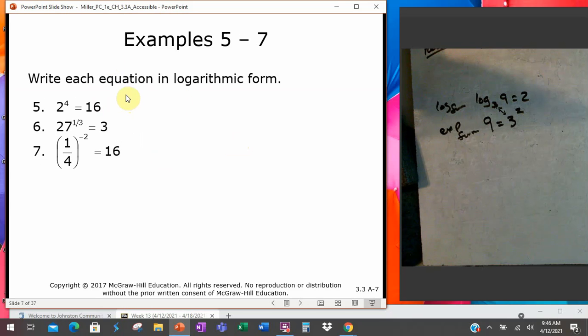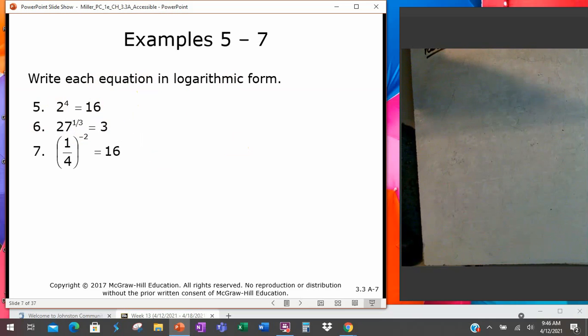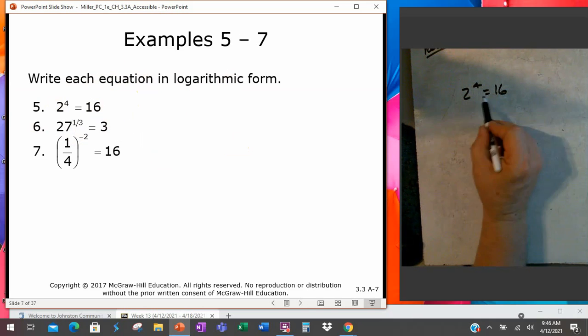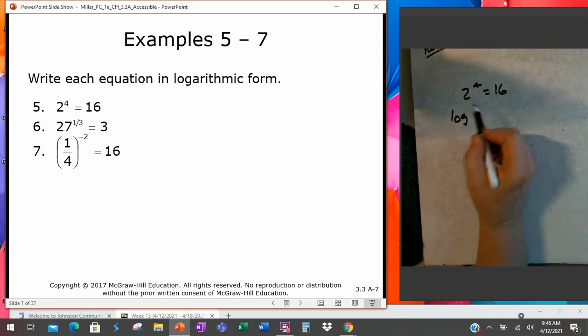Now, these are exponential equations, and I want to write them in logarithmic form. Again, these go back and forth from one to the other. I want to start with this exponential and write it in its log form. I've got an exponential, so I write it as the log.